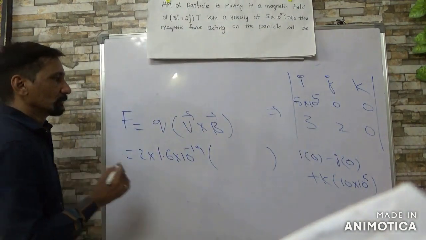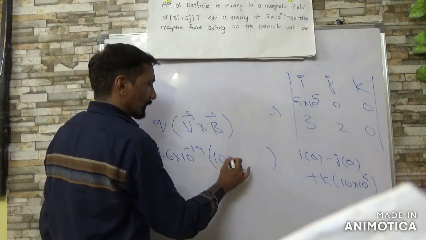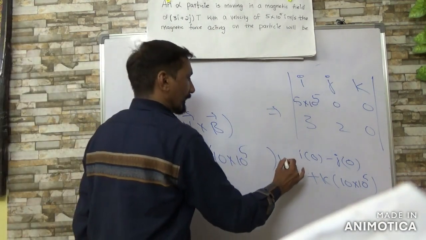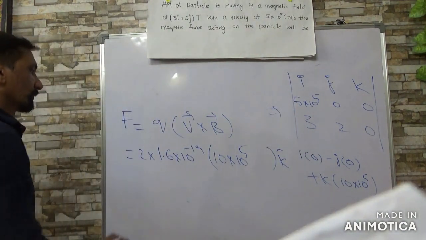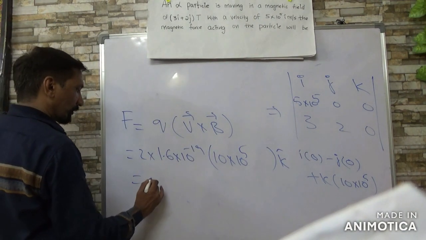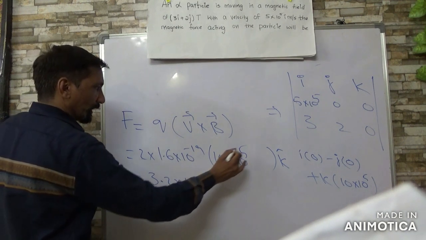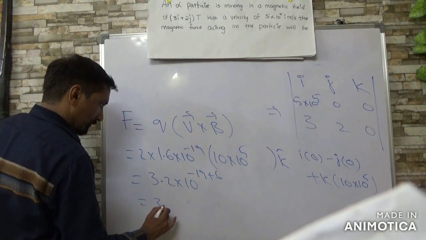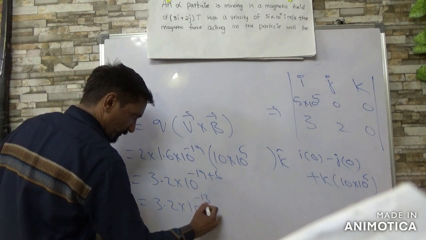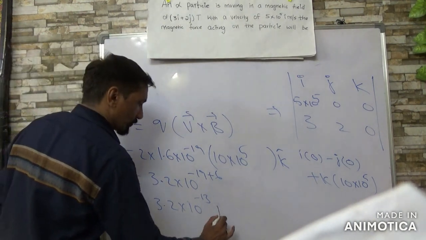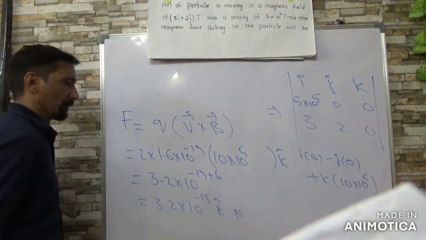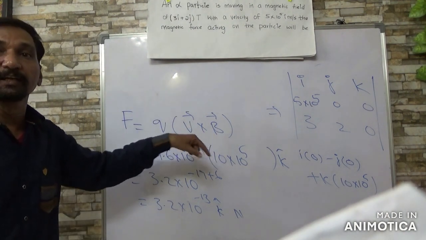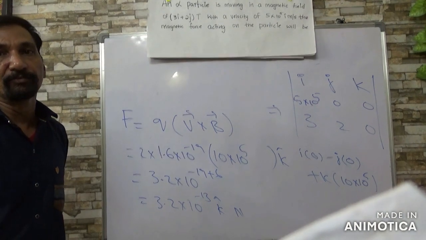That is about K. So you can write 10 into 10 power 5 in the K direction. Okay. So 3.2 into 10 power 6. Units of force, Newton. Okay. So this is the force experienced by the alpha particle when held in the magnetic field.